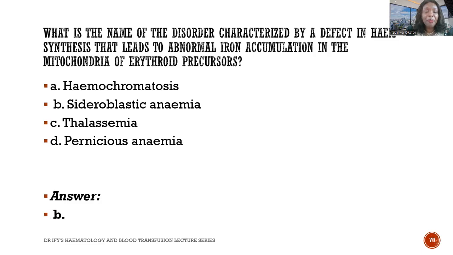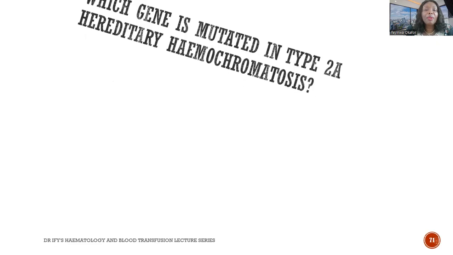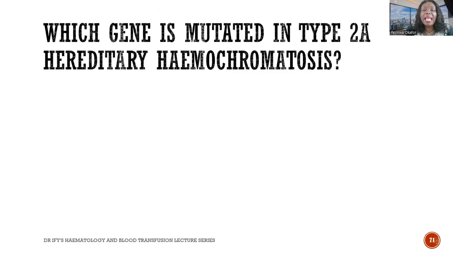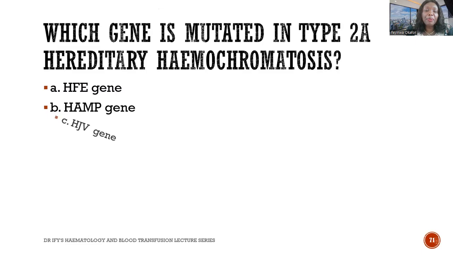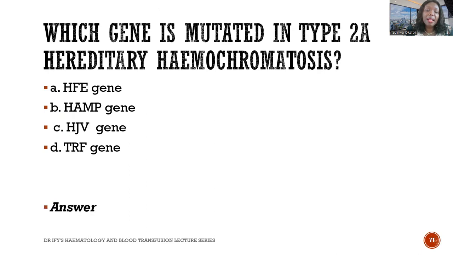Answer B, sideroblastic anemia. Which gene is mutated in type 2A hereditary hemochromatosis? HFE gene, HAMP gene, HJV gene, TRF gene. Answer C, HJV gene.